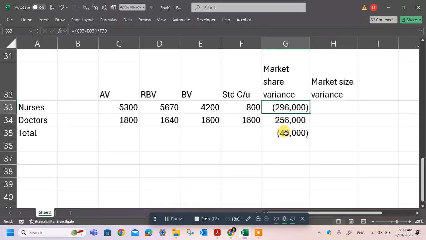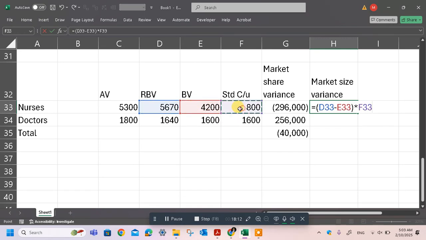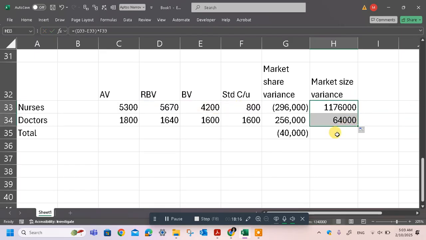They have performed better. Market size variance, both should be favorable because market size increased for both. Favorable, get the total, favorable. So, this is adverse, this is favorable.